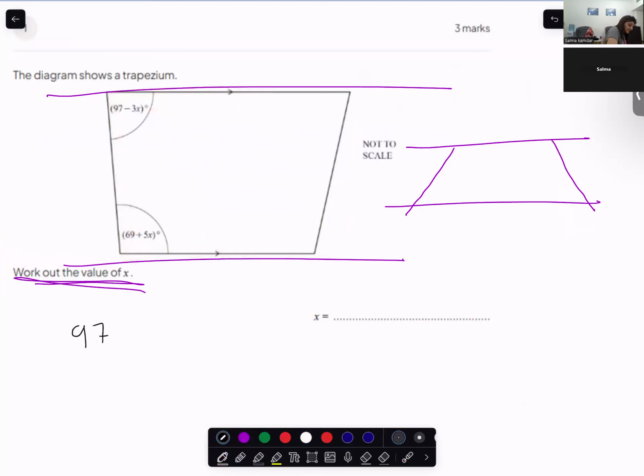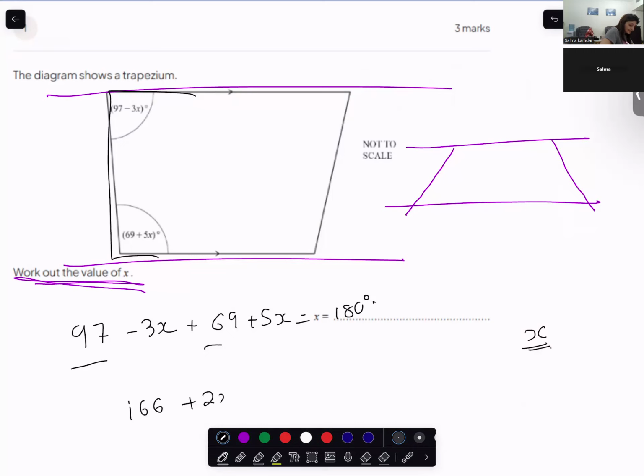That means 97. This is a C over here. 97 minus 3x plus 69 plus 5x is going to make it 180 degree. Just think, I need to solve for x. Okay. So 97 plus 69 makes it 166 plus 2x is equal to 180 degree.